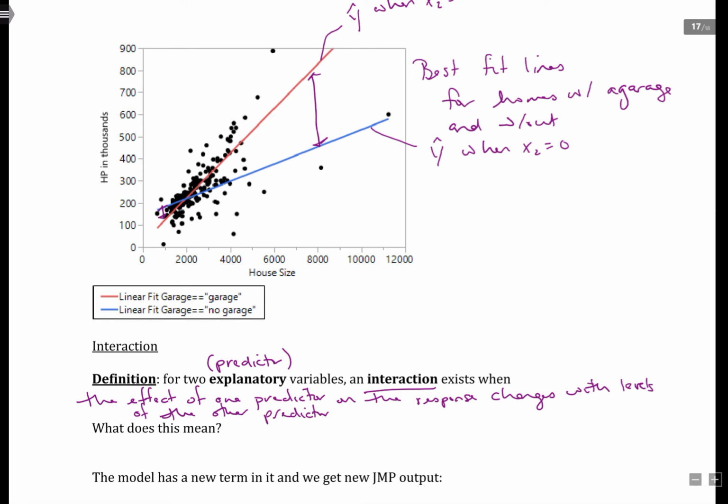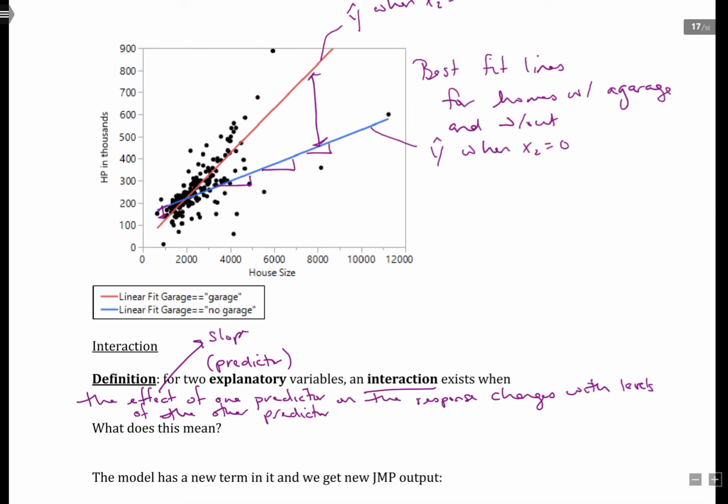So let's see. The effect of house size on price is the slope. Here we have a relatively weak effect, a relatively shallow slope, when x2 equals 0 for homes that do not have a garage.